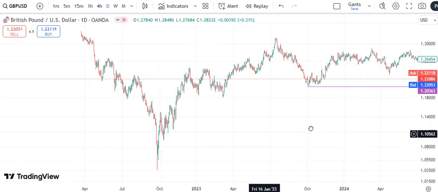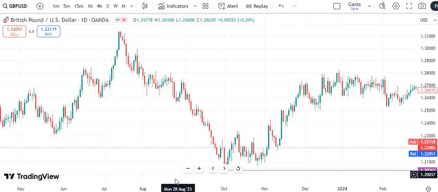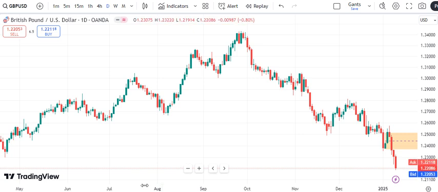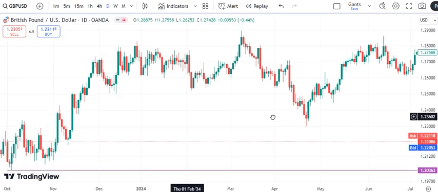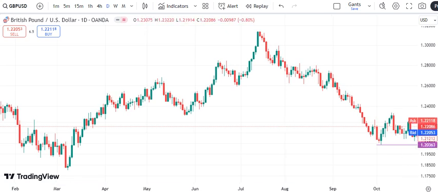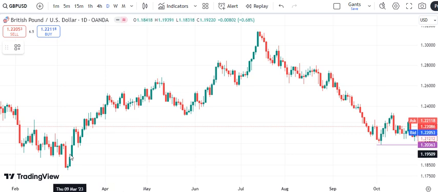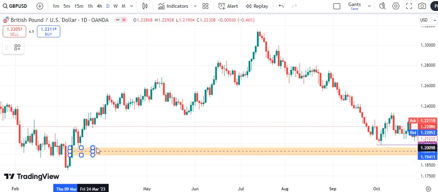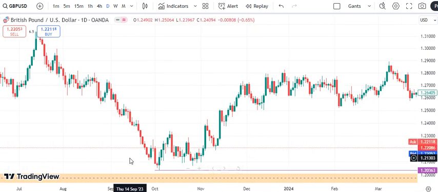So let me mark that FVG, and then let's see by next week's analysis, we'll see if actually price traded there. Let's mark it out. This is the area I'm looking at. So I want to see price trade to it.